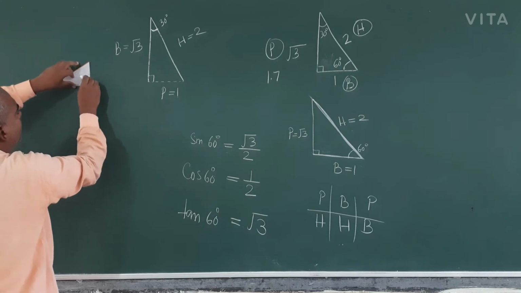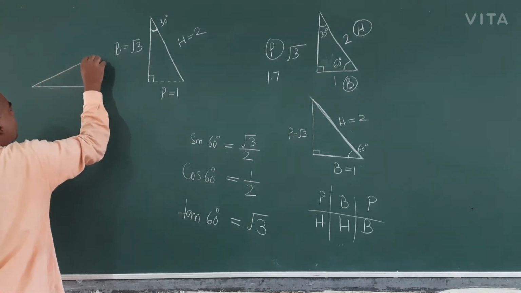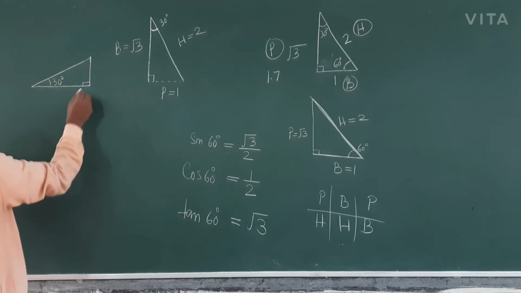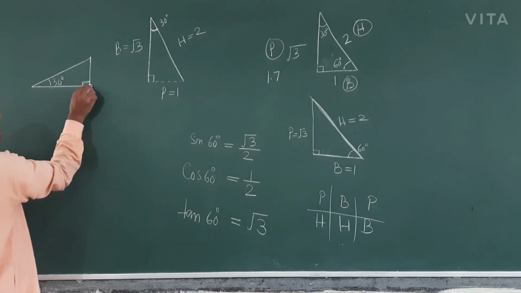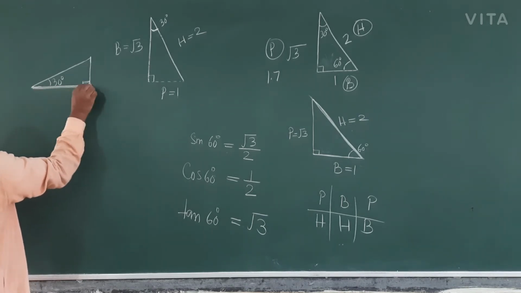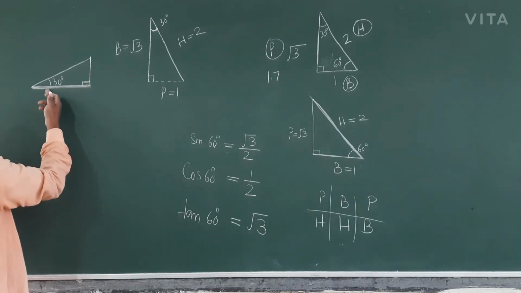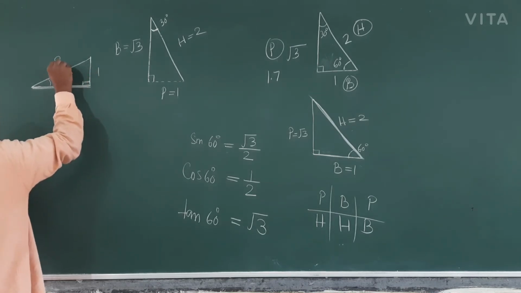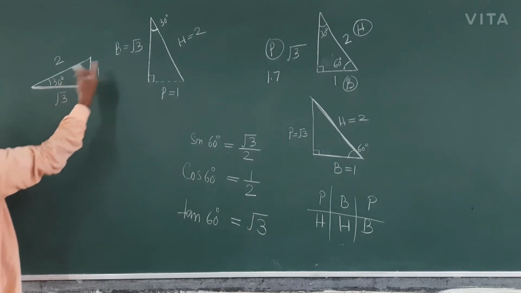This is 30 degree. This is 90 degree, because sometimes students think base always means ground. So this is 30 degree, just opposite 30 is 1, the smallest one, opposite 90 is 2, and this is root 3. So you can take this figure also.